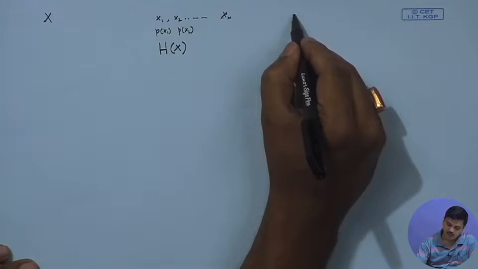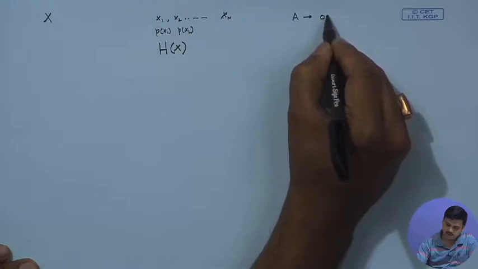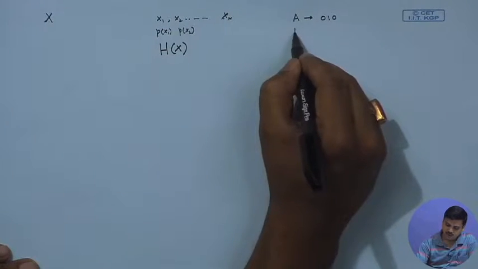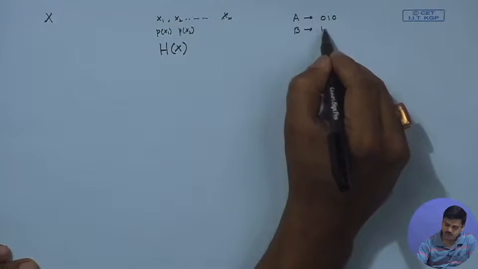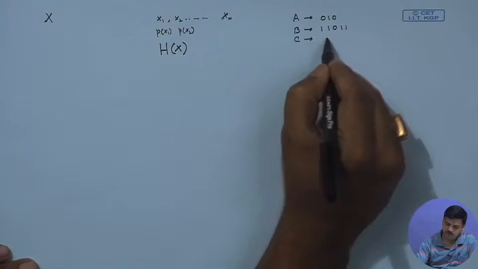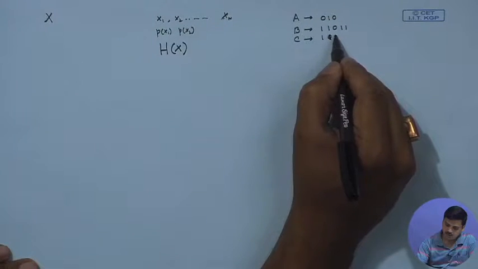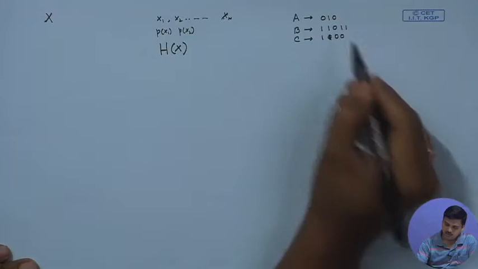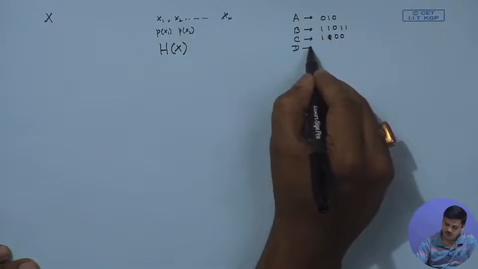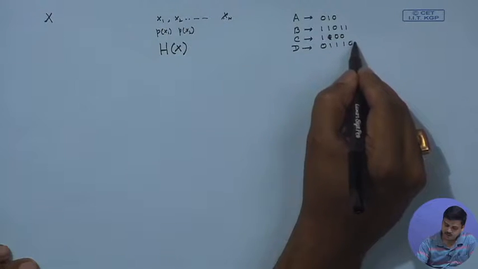For example, I could assign to A the bit sequence 010. I could assign to B the bit sequence 11011. I could assign to C, for instance, 1011 00. I could assign to D, for instance, 011101.